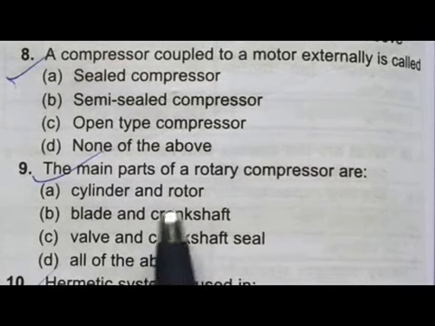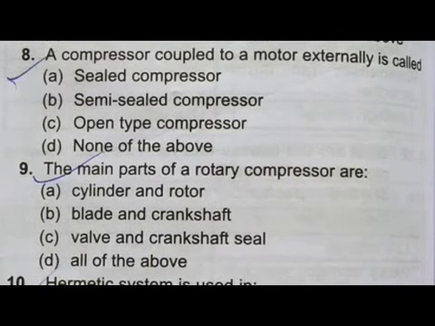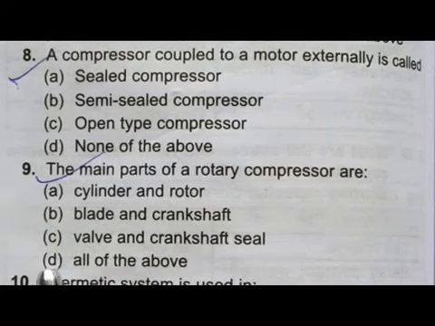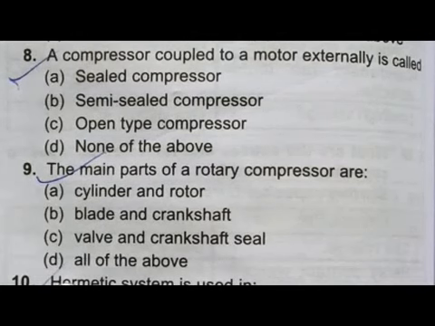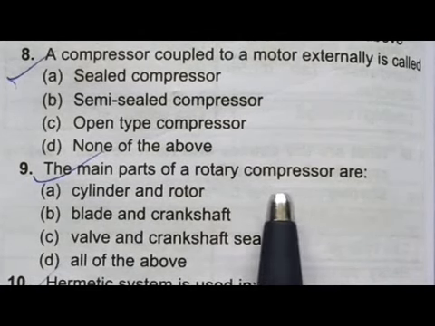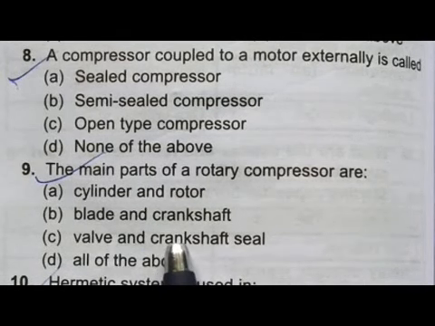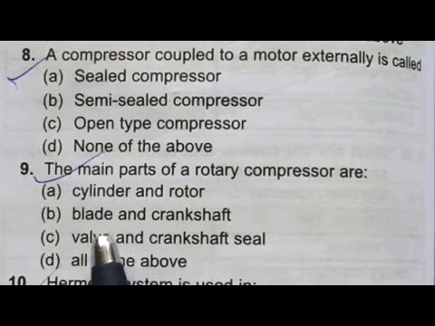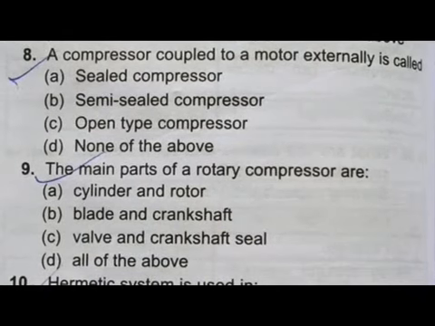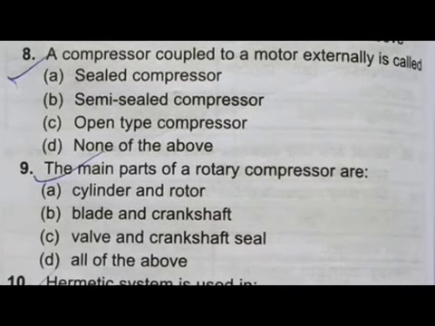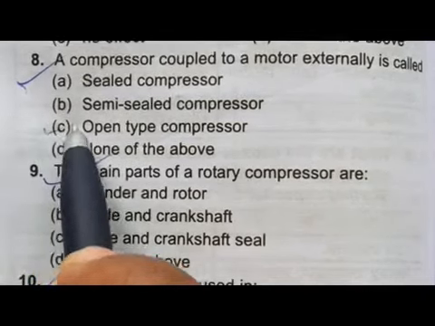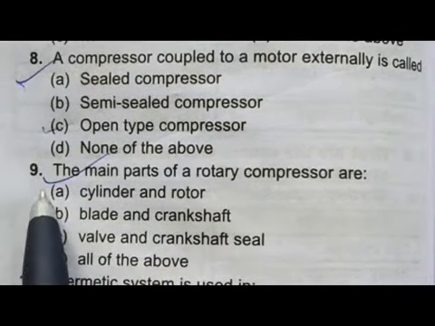The main parts of a rotary compressor are: cylinder and rotor, blade and crankshaft, valve and crankshaft seal, or all of the above. In a rotary compressor the crankshaft arrangement is absent, so it is cylinder and rotor only. This is the correct answer.